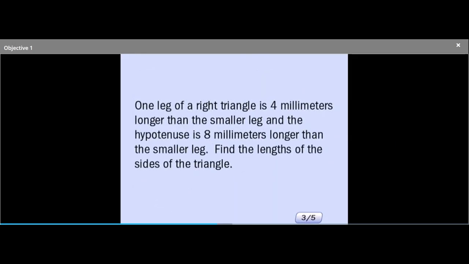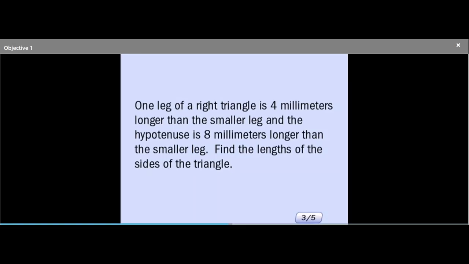One leg of a right triangle is 4 millimeters longer than the smaller leg, and the hypotenuse is 8 millimeters longer than the smaller leg. Find the lengths of the sides of the triangle. So let's go ahead, and if you need to, by the way, read and reread until you understand. Then I'd like to translate to an equation, and I will do that using the Pythagorean theorem.